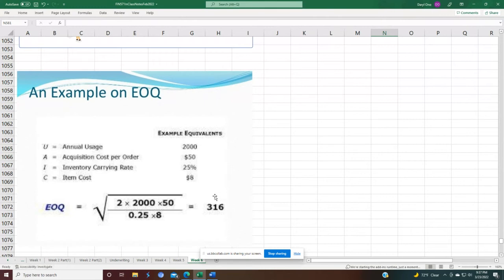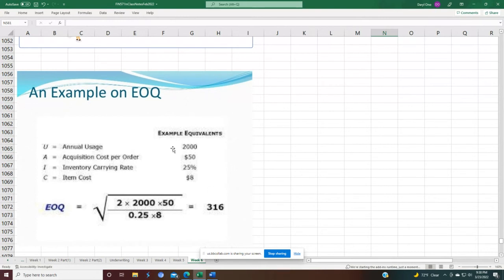The economic order quantity, 316. What is that? 316 units. Every time you place an order for this item, you should order 316 units.